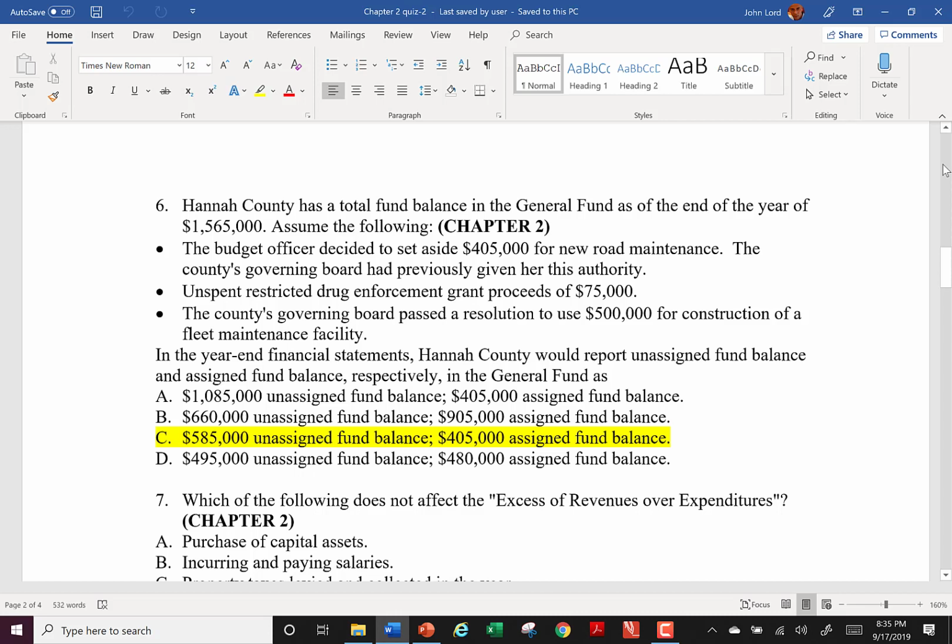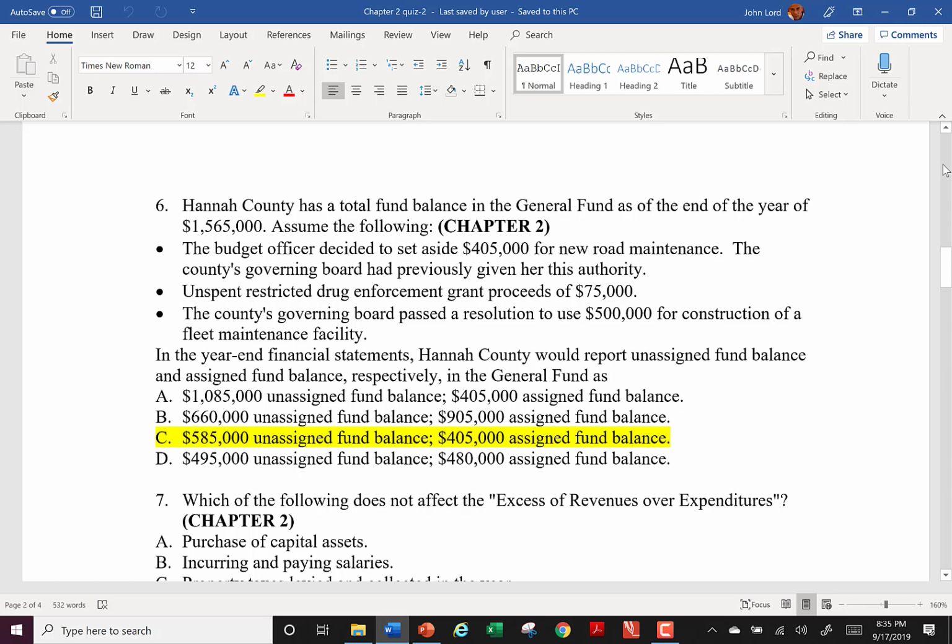Okay? So we have non-spendable, but then we had what? Our other categories were all considered spendable, and we had spendable. Raquel, that was the guy that spends all his money. Yeah. Okay, and we had what? Restricted. Good. Restricted means that we had restricted it with some outside entity, like bondholders. We told them we're going to use the money for a county courthouse or something.